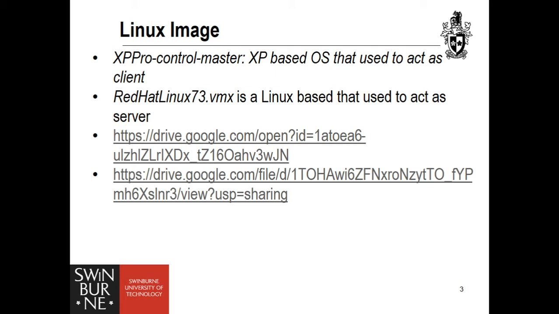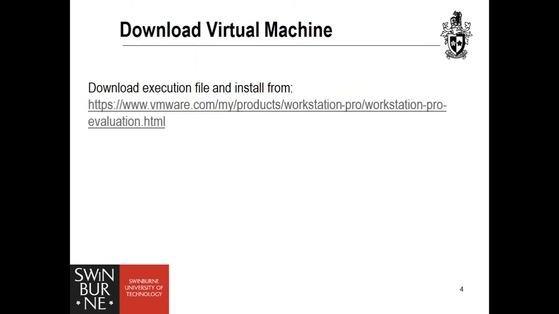So this is the link. Just copy and paste this link into any browser and download it. That's all. After downloading, you need to extract both of the files. Then you may download the virtual machine.